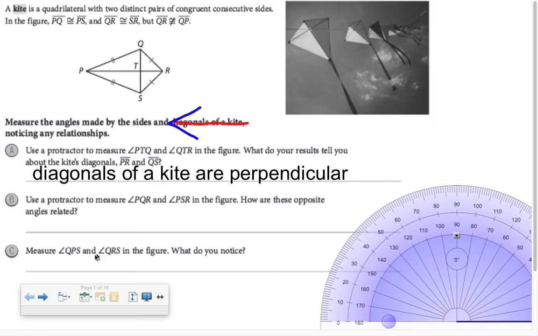I didn't measure QPS and QRS, but I did measure QPT and SPT. And when I add them together, they are not going to equal what QRT and SRT added up to would equal. So I know that they are not congruent.